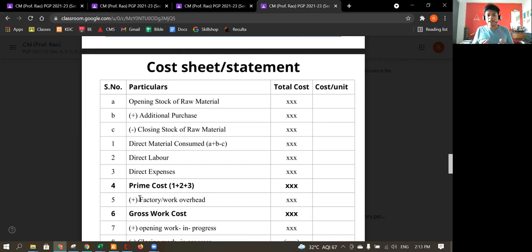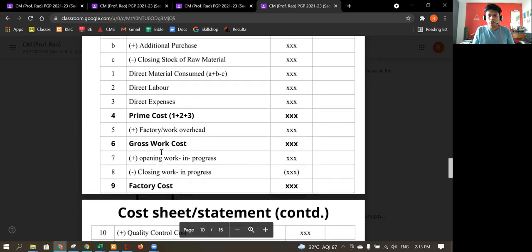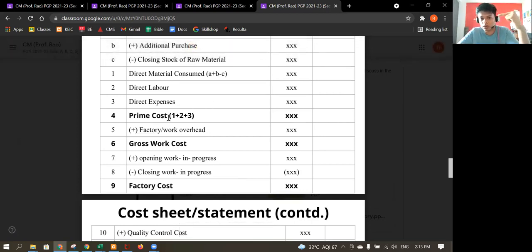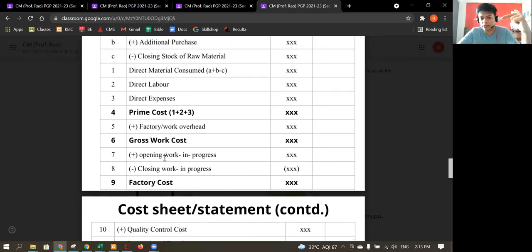To prime cost you add any variable expenses like factory overhead. If you add that, that creates the gross works cost. In that gross works cost, you add your opening work in progress and deduct your closing work in progress. That will give you the factory cost. So it's important to understand the flow of these questions: prime cost, after that gross works cost, then factory cost.